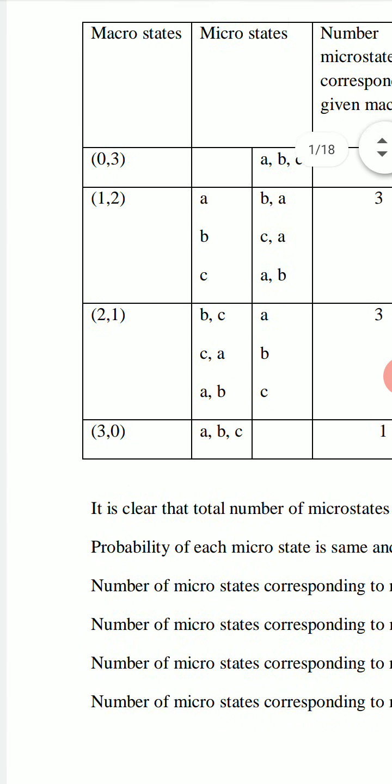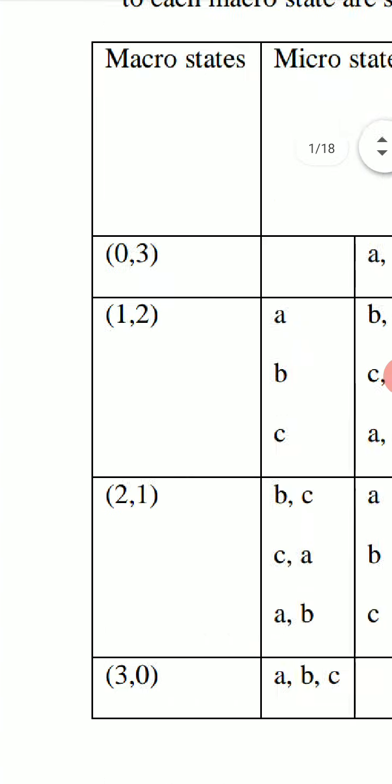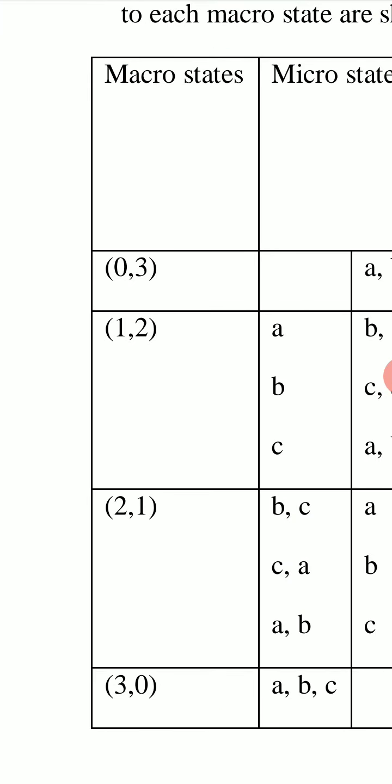So the most probable macrostates will be those for which the number of particles in the 2 boxes is the same or almost the same. Here the number of particles is 3, so the number of particles in the 2 boxes cannot be the same.